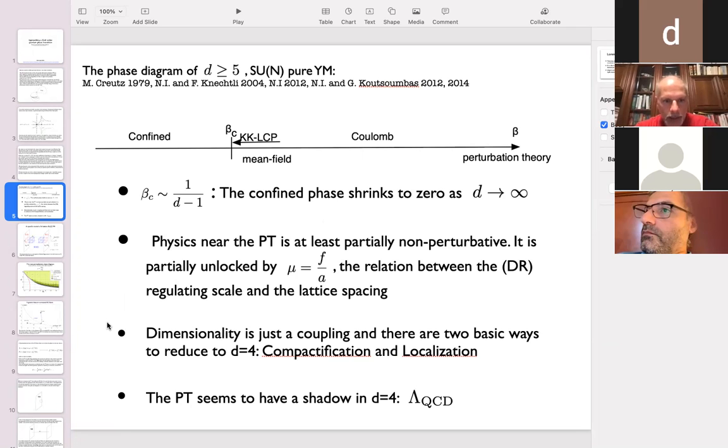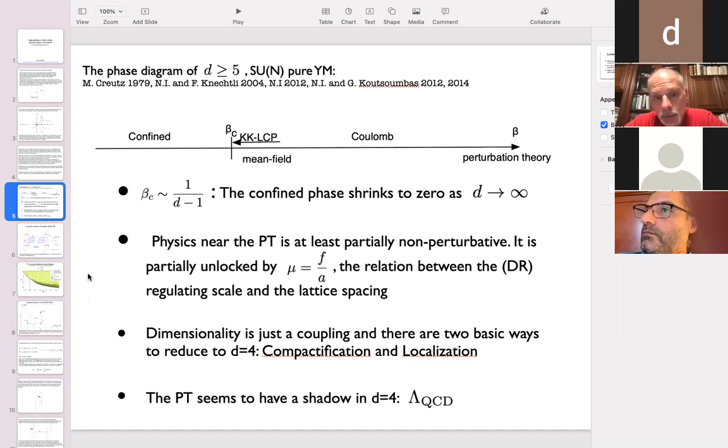Okay? Now, another aspect is that since we are ultimately interested in four-dimensional physics, and we have these phase transitions in 5 dimensions or higher, we have to somehow reduce to 4 dimensions. So there are 2 ways to reduce dimensionality. One is compactification. We're all familiar with what compactification is.